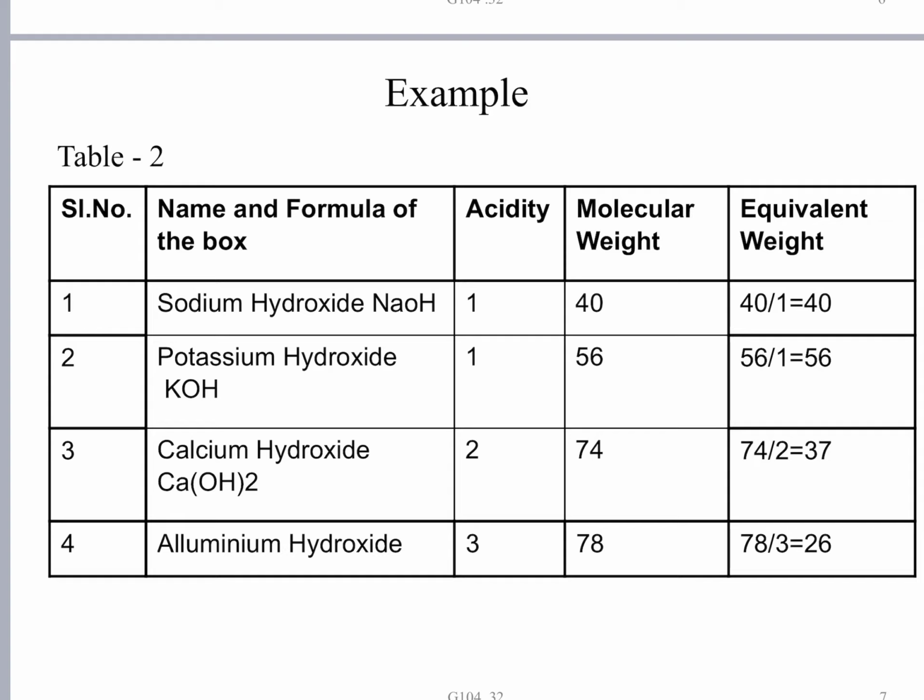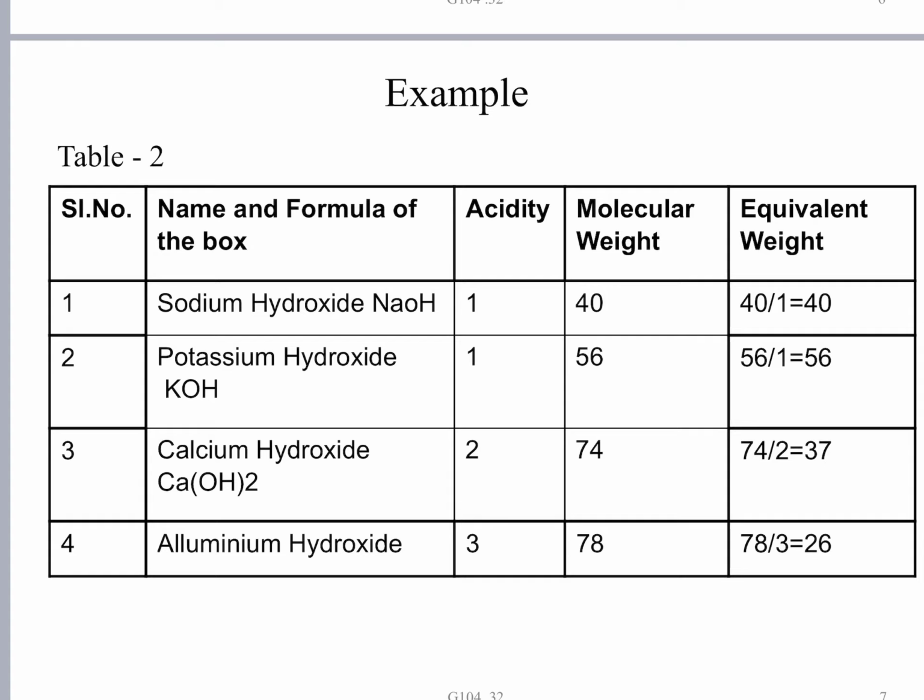Here 3 OH groups are replaced, so its acidity is 3. The molecular weight of aluminum hydroxide is 78, and its equivalent weight is molecular weight by 3, which comes to 26 grams.